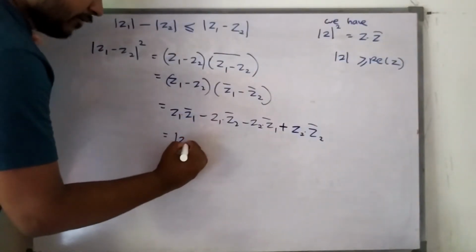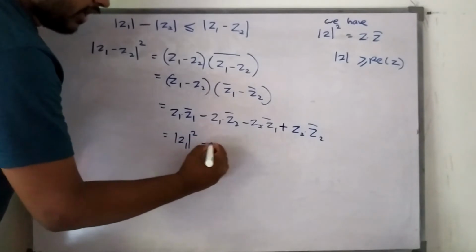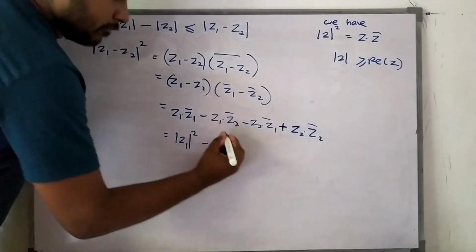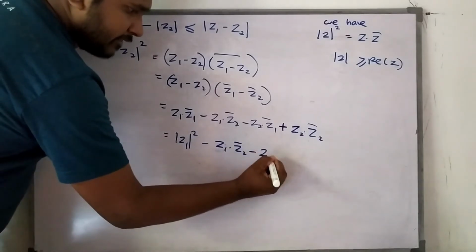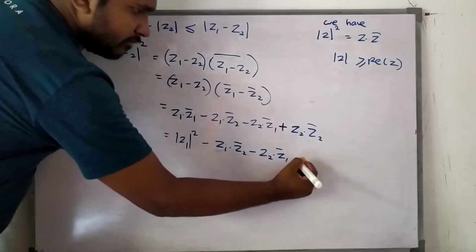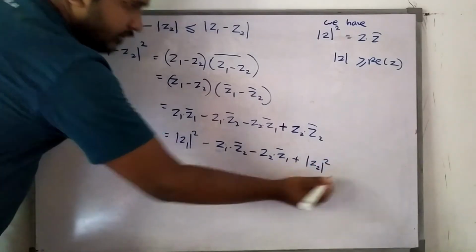This is |z1| square, minus z1 z2 bar, minus z2 z1 bar, plus |z2| square.